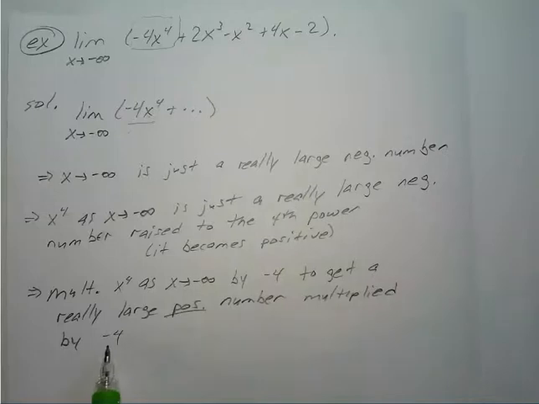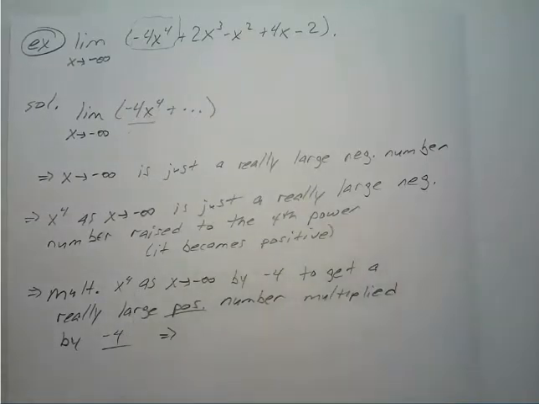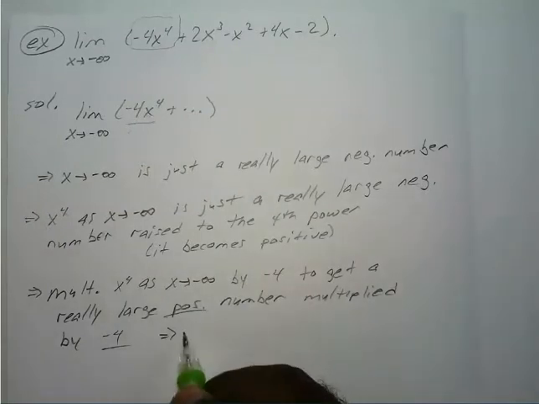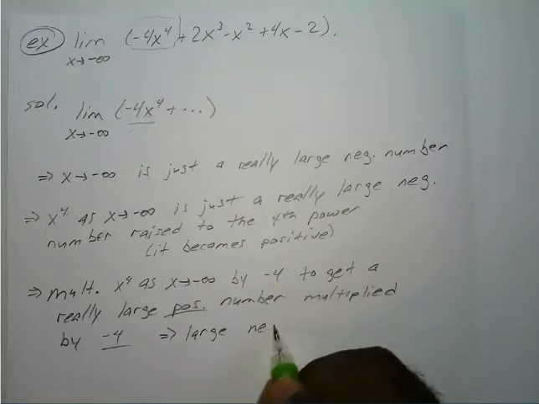So if you have a positive times a negative, that is a negative number. A large negative number.